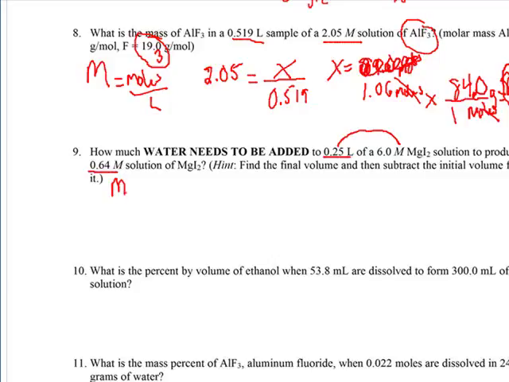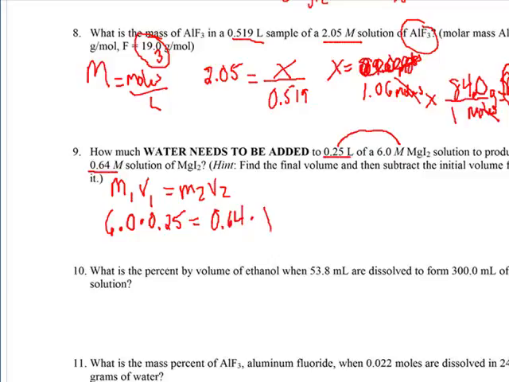So our formula is going to be M1V1 equals M2V2. So I know I want to start with a molarity of 6.0. That's what my original stock solution is. And I know I'm going to start with 1/4 of a liter, 0.25 liters. And I know that my new molarity is going to be 0.64.